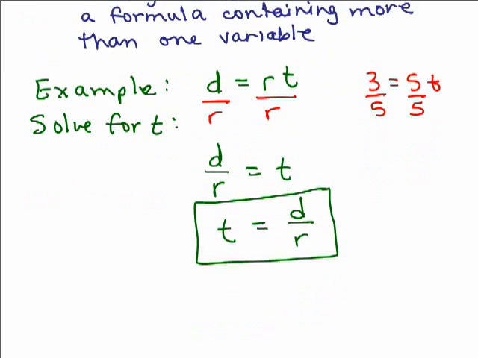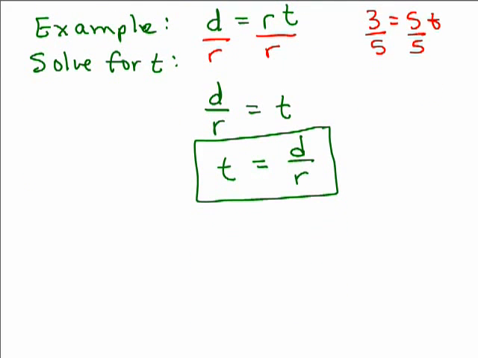So for instance, take a practical example just so you can see how this would work. Let's say you knew that you went 30 miles per hour and you went 4 hours, and most of us would know that you went 120 miles, right?